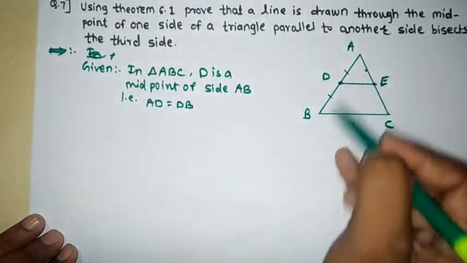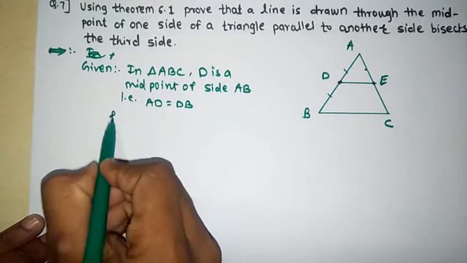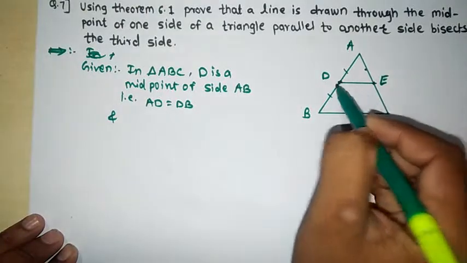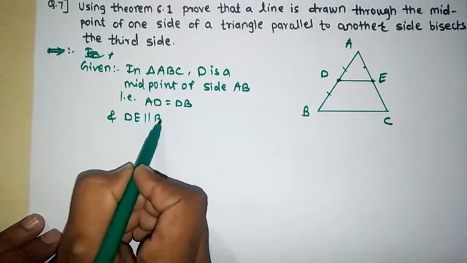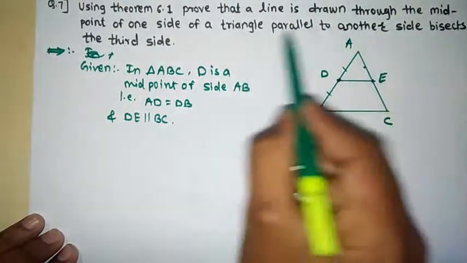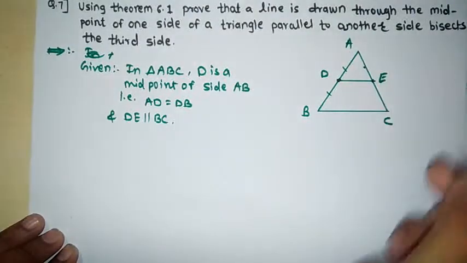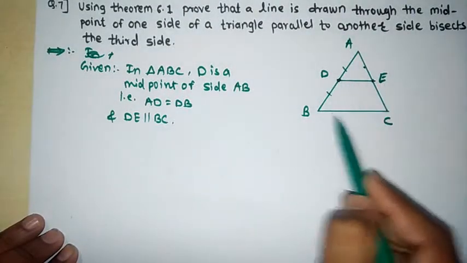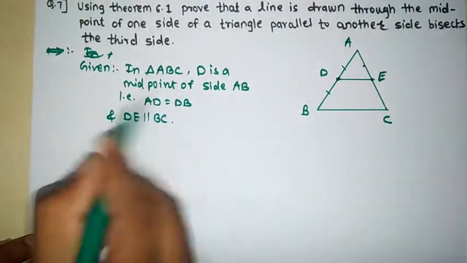If D is the midpoint of AB, then AD is equal to DB. And DE is parallel to BC, because it is given that the line through the midpoint of one side is parallel to another side, BC. Therefore DE is parallel to BC. It is also given data.